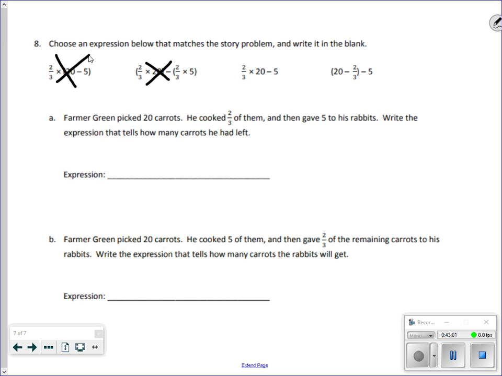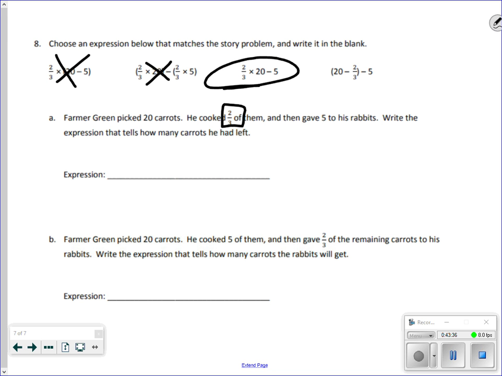D, because he did say, exactly. If I write it up, what is that tracking? A fraction of a number, what are you supposed to do? Multiply. A fraction of, what are you supposed to do? Multiply. It doesn't have to be in parentheses.